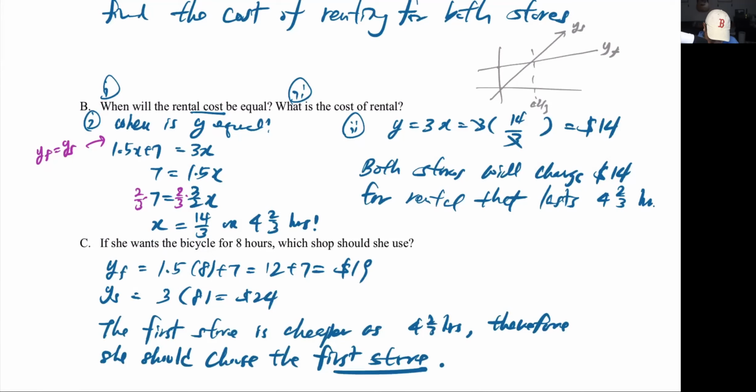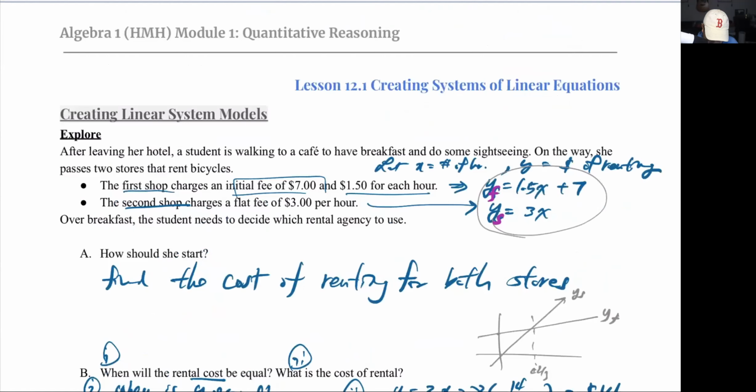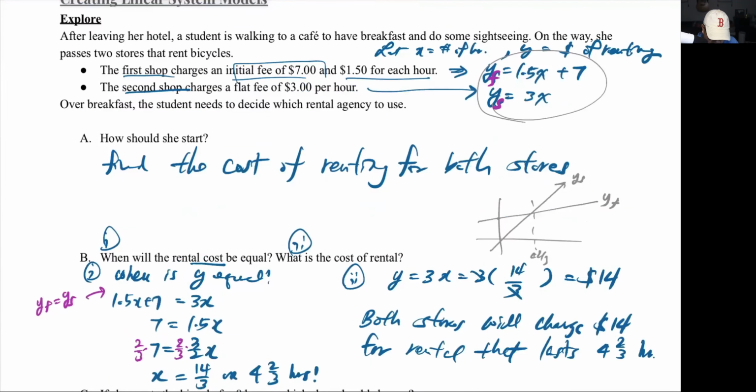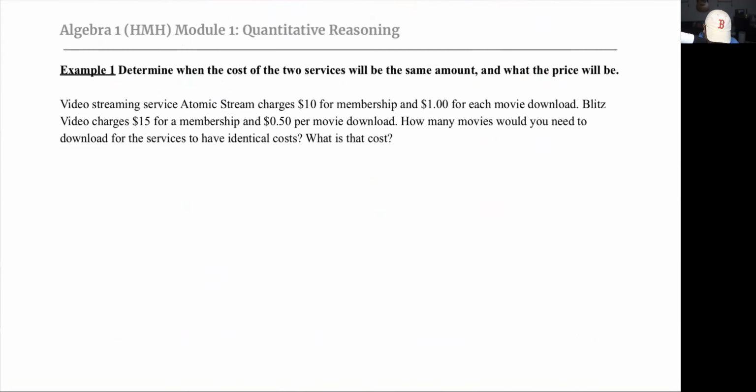Okay. Now, let's examine this question right here, guys. How often do we see word problems in a textbook or in real life come in a bullet point, right? The next practice that we're going to do has a problem just written like a regular word problem.